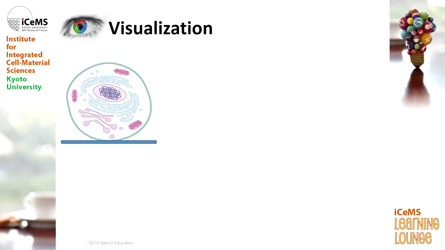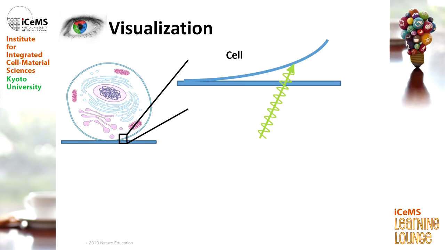So if you observe the cells with light, this is what happens. We shine light on the cells from the bottom, and at each surface, at the glass substrate and the cell surface, this light will be reflected. And all of this reflected light makes interference.